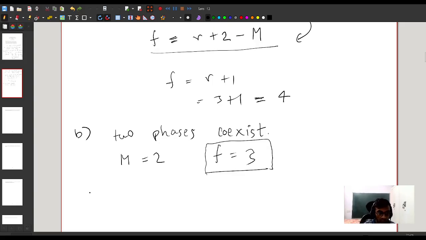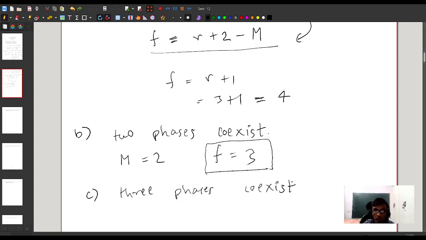And similarly, if we want three phases to coexist, that will bring down another degree of freedom. So that means m equal to 3. So that's r minus 1, which is 2.